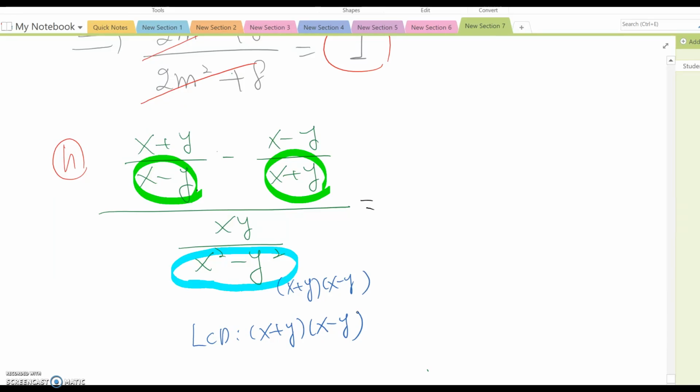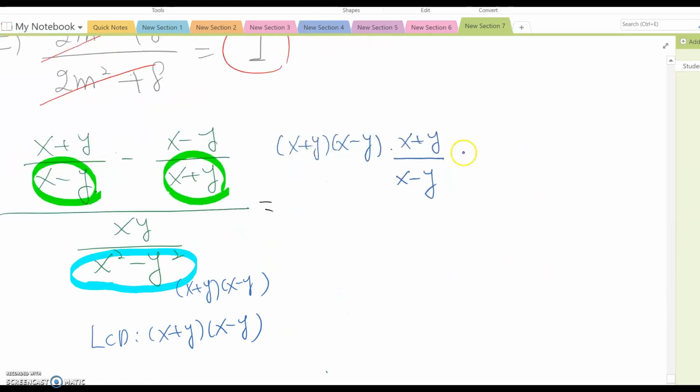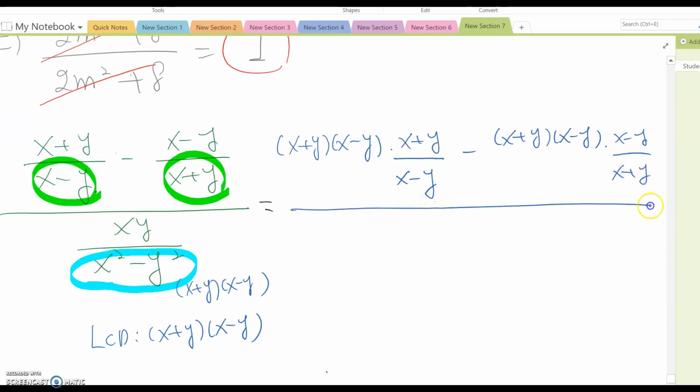So let's multiply this one. Then (x + y)(x − y) times (x + y)/(x − y) minus (x + y)(x − y) times (x − y)/(x + y), over (x + y)(x − y) times xy/((x + y)(x − y)).